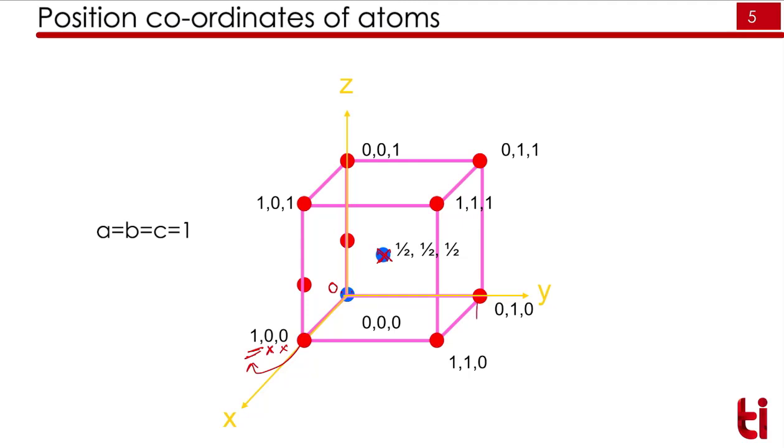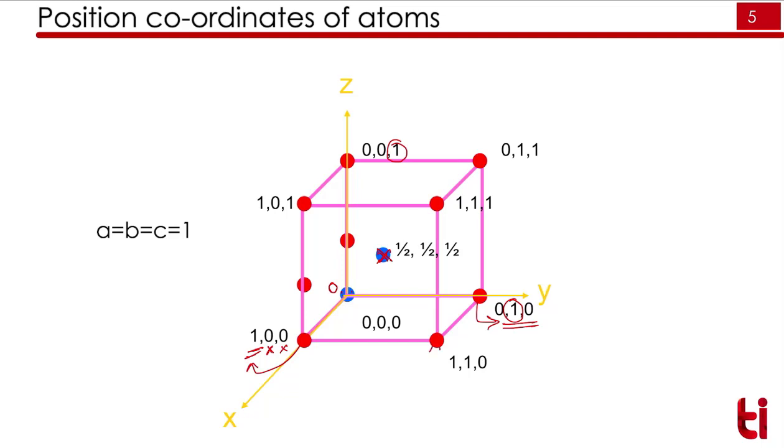Similarly, for this point it is 0, 1, 0. It means that it lies only on the y-axis. Similarly, for this 0, 0, 1, it means that it lies only on the z-axis. Now, if you have an atom in between these planes, then the position coordinate will change.